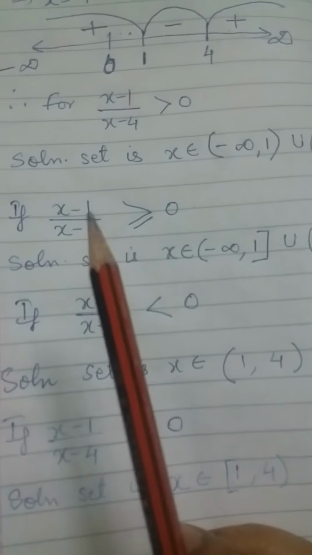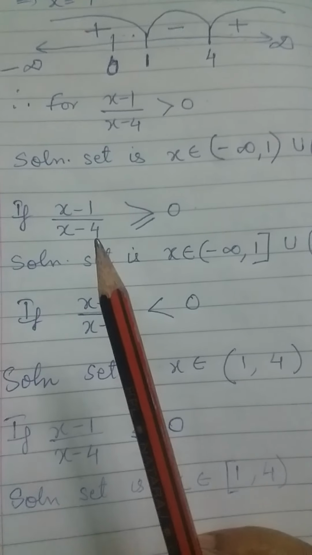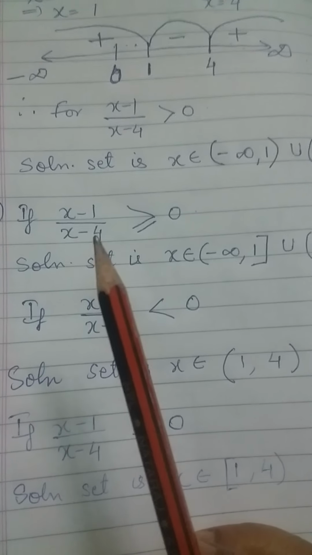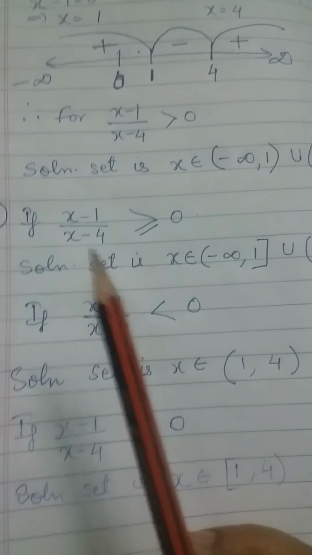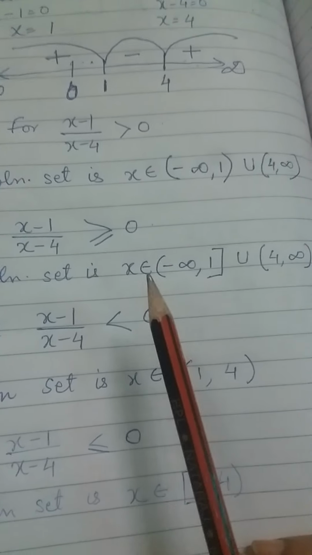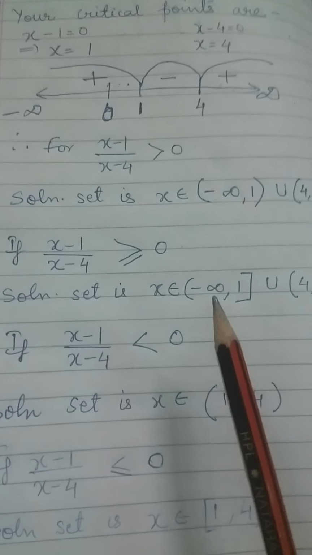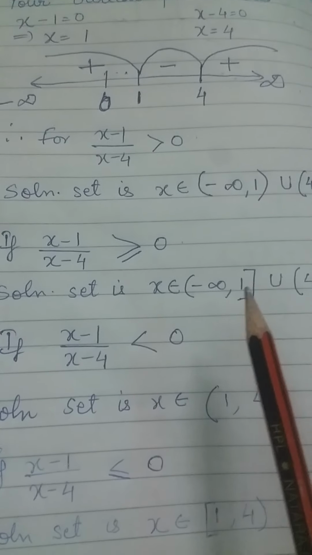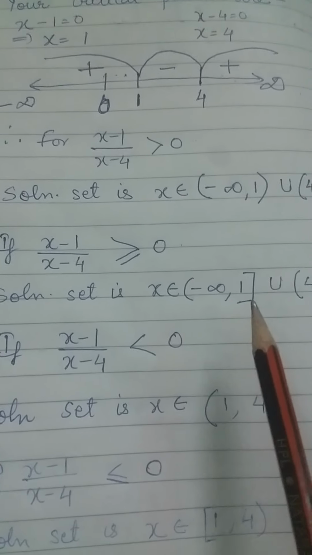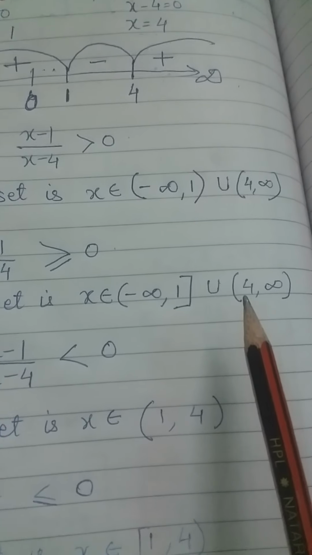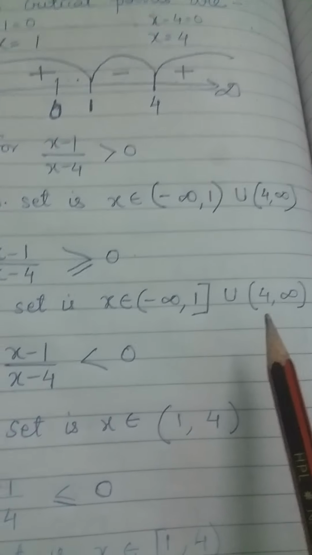So here the numerator can be equal to 0 but the denominator will not be equal to 0, meaning 4 will not be included in the solution. So the solution set will be x belongs to minus infinity comma 1, and 1 will be in the closed interval, union 4 comma infinity, with 4 in the open interval.